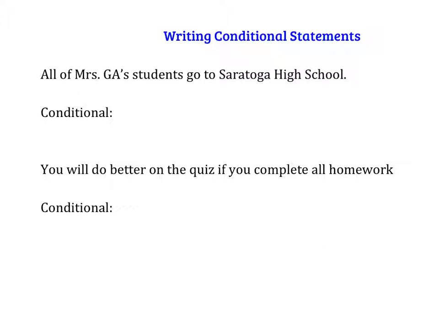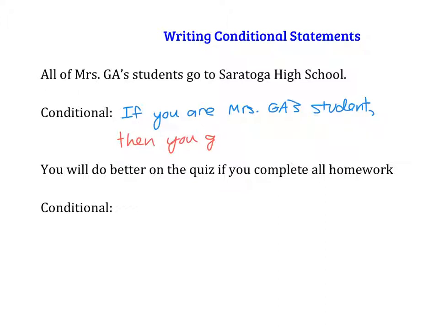Okay, now we're going to practice writing conditional statements. Remember, conditional statements are those if-then statements. We're going to see if we can turn this into an if-then statement: all of Mrs. GA's students go to Saratoga High School. I can write this as, if you are Mrs. GA's student, then you go to Saratoga High School.